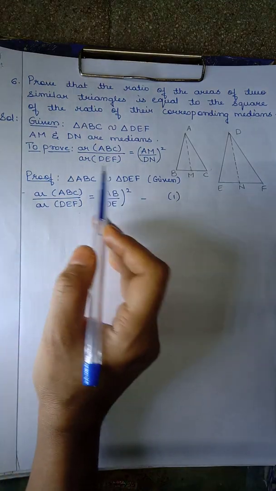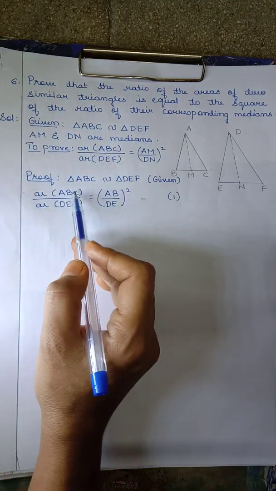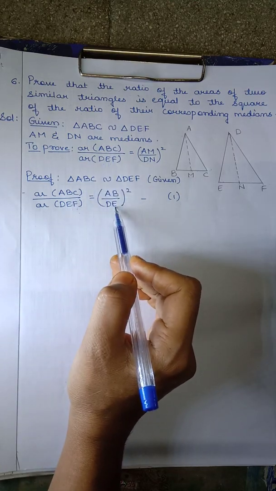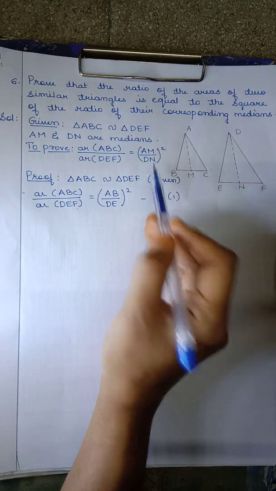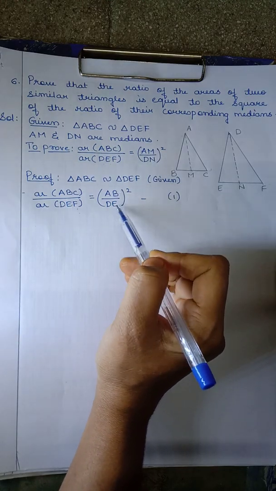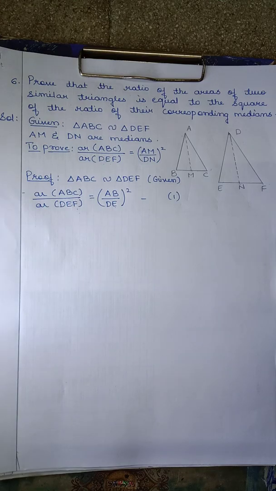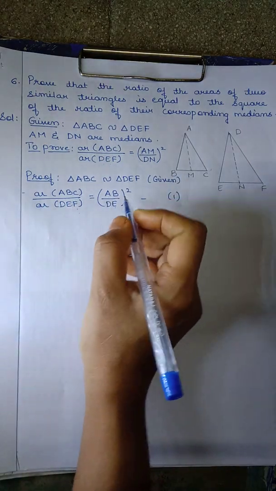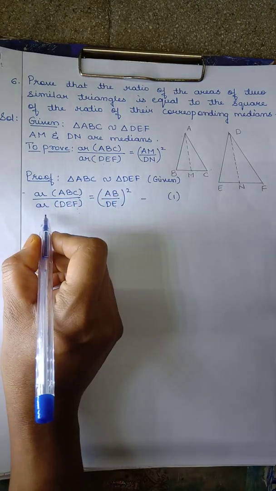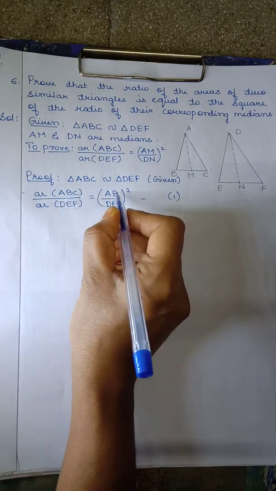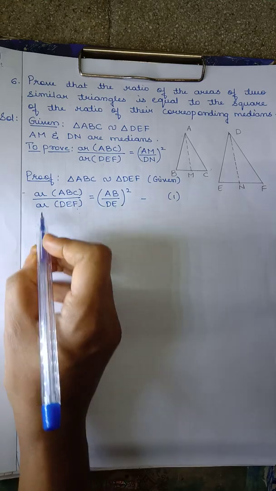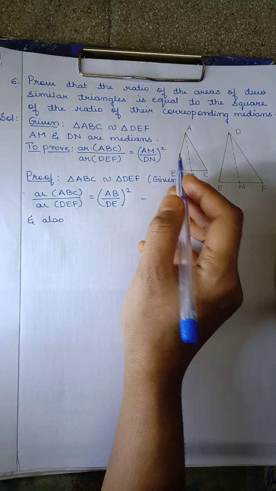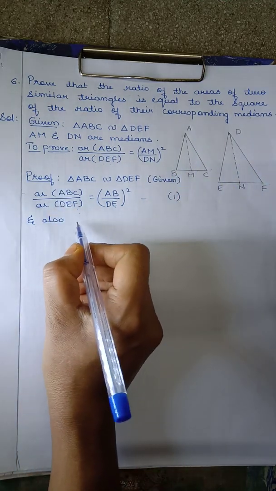Okay, so now in this question we have to prove this same ABC upon DEF, but instead of AB upon DE we want AM upon DN. Okay, we have to replace AB upon DE by AM by DN. So how can we do this? Okay, to do this, we also know that when two triangles are similar, the ratio of the areas will be equal to the ratio of the squares of their corresponding sides, and also the ratio of all the three corresponding sides will be equal.